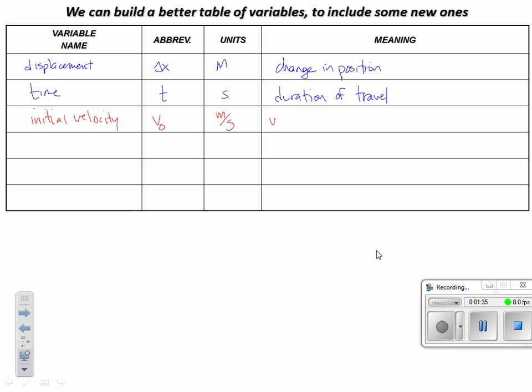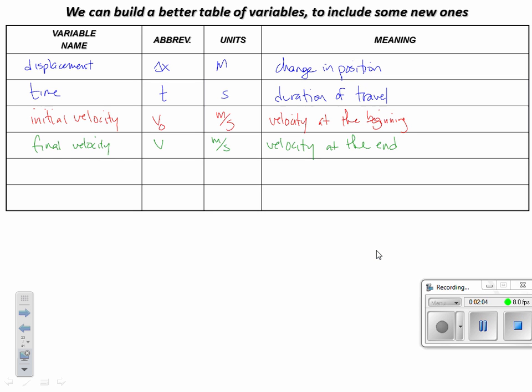Velocity at the beginning, as opposed to final velocity, v, measured in meters per second. Velocity at the end. If I'm going too fast, just hit pause.